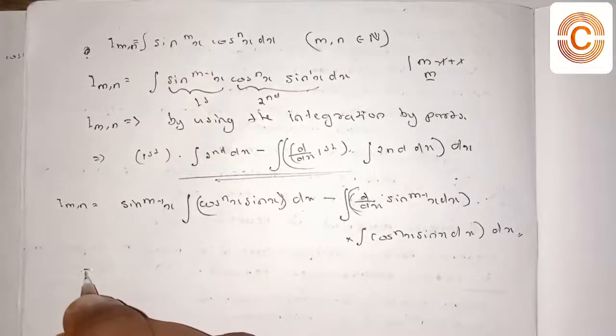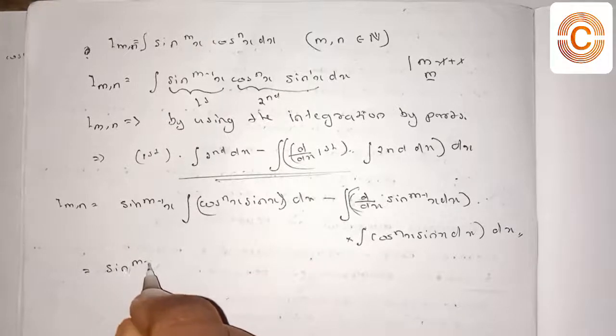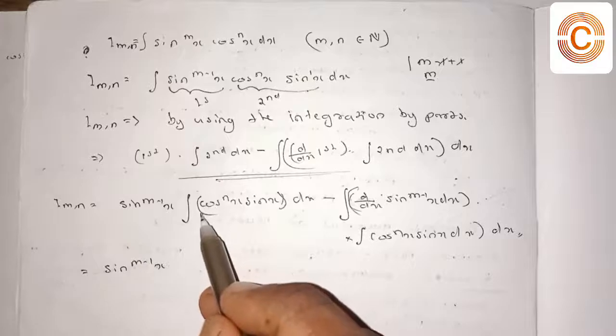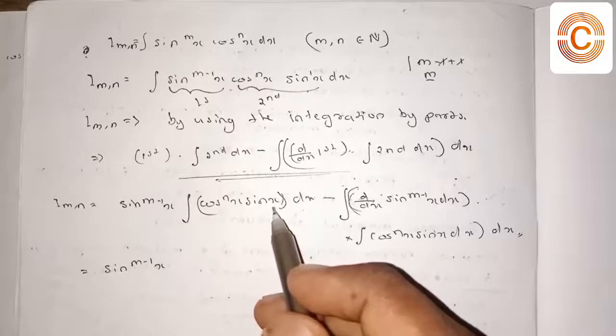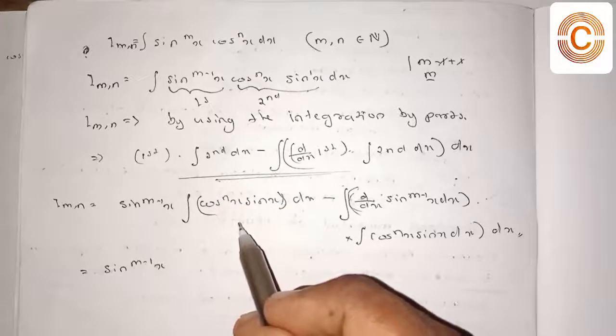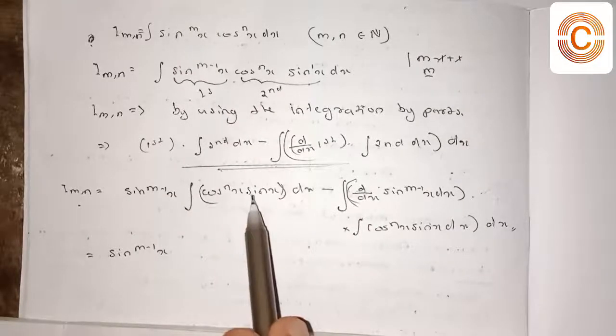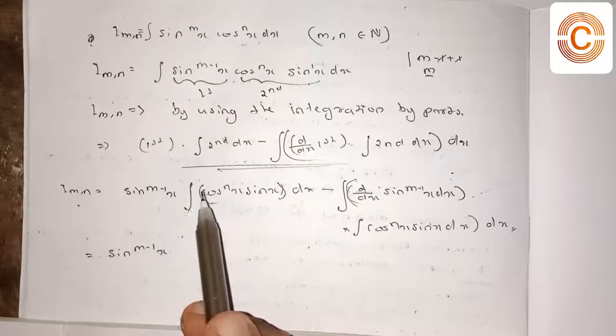So in the next step we find the solution for this: sin raised to m minus 1 x into the integral of cos raised to n x sin x. We can find this integration by an appropriate substitution method. Note that sine is the derivative of the cos function.